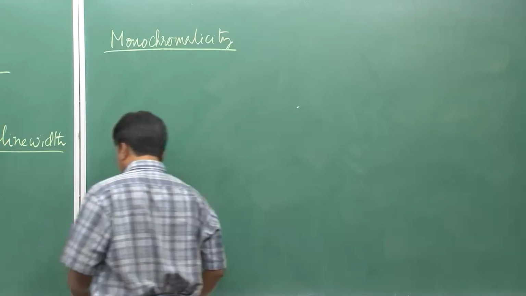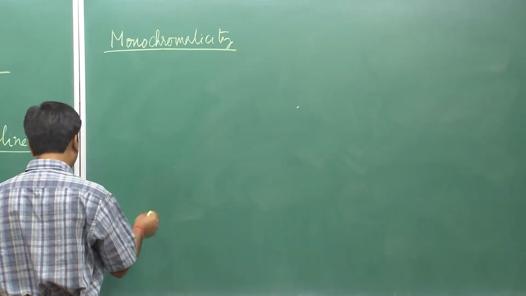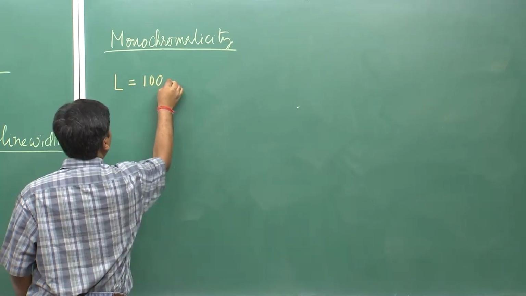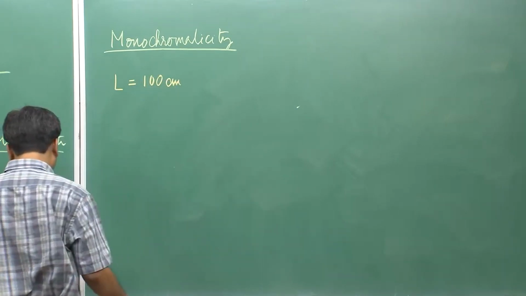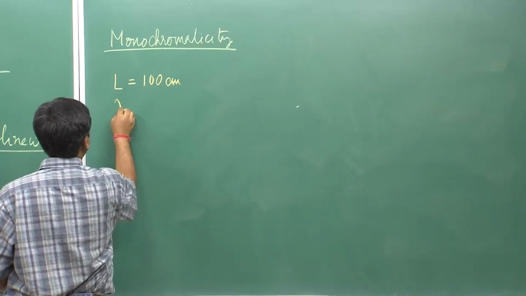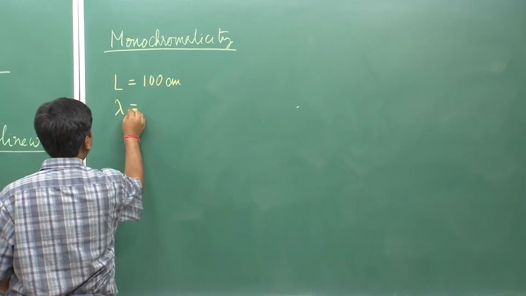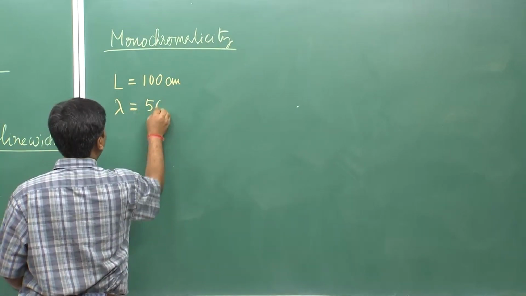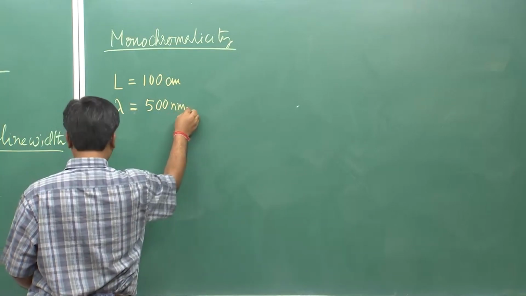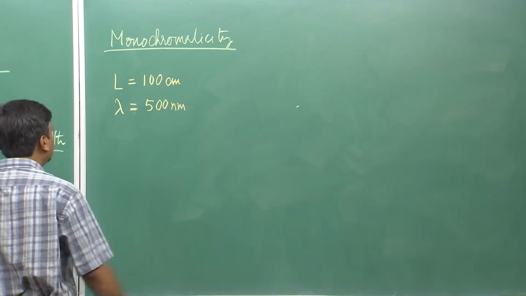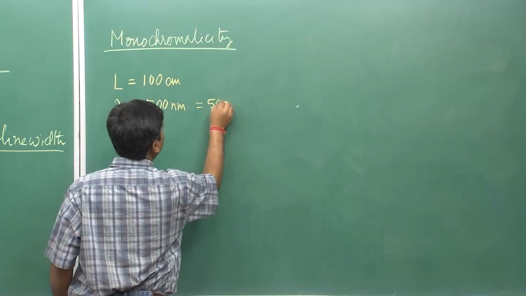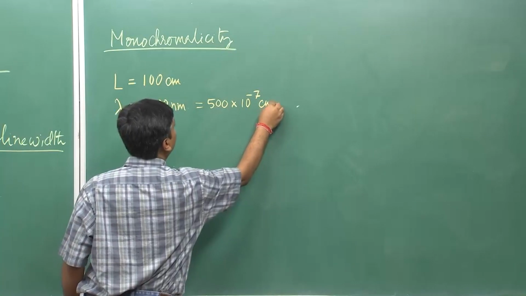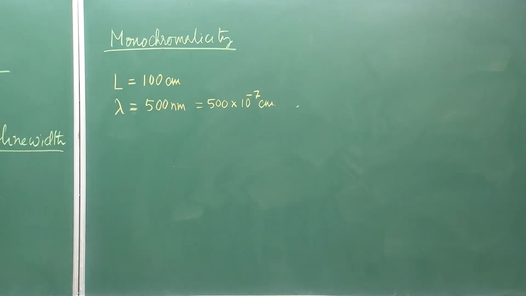So, if I take a cavity length L of 100 centimeter and the wavelength output of the laser, that one particular mode, as 500 nanometer, which in centimeter unit I have this value.